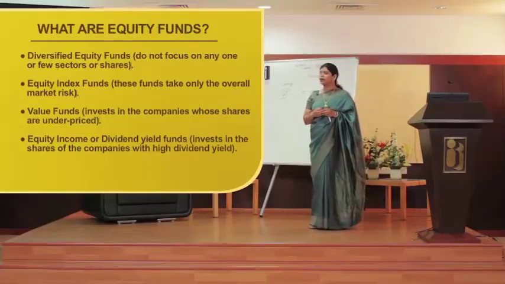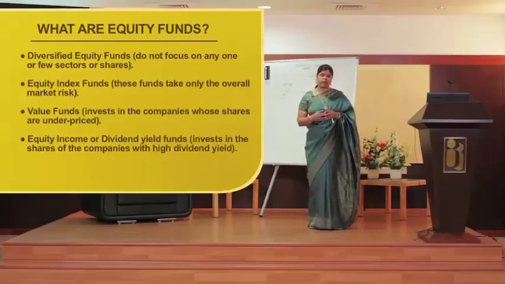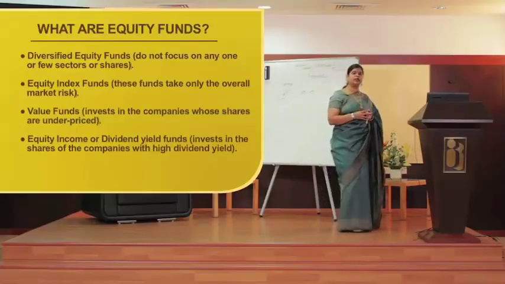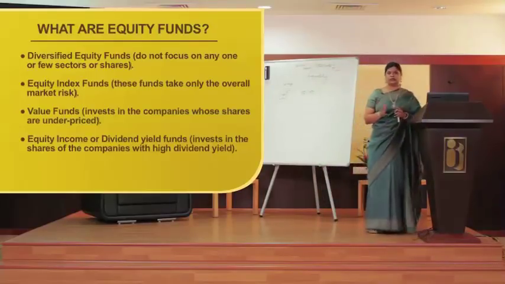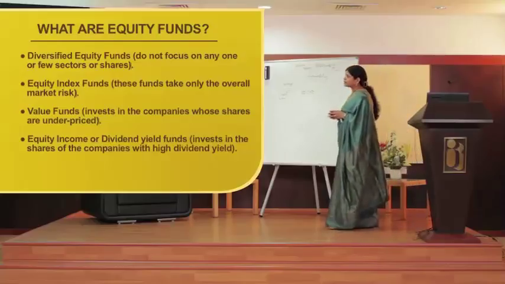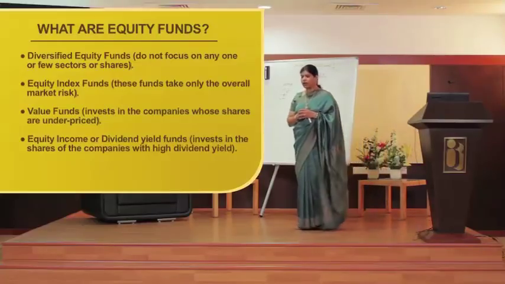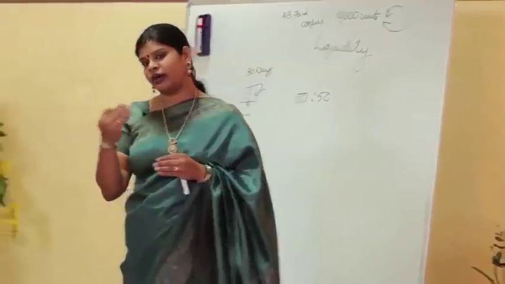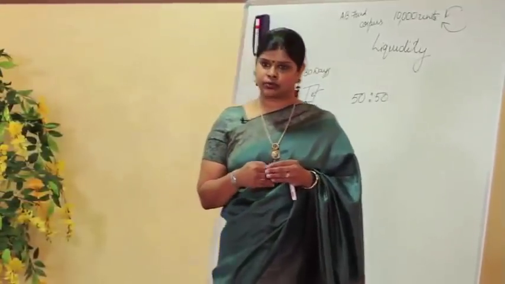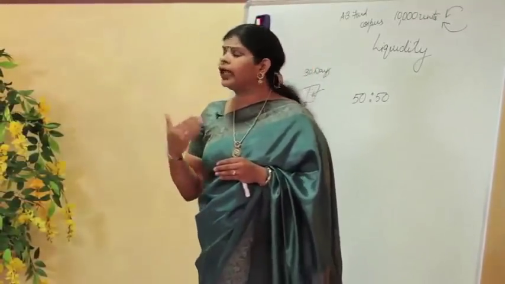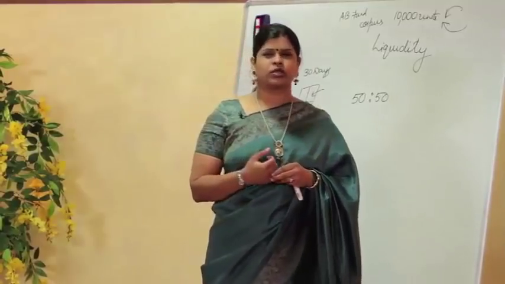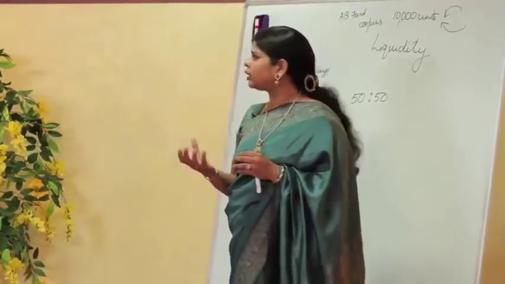They are lowest in the order of risk level. As we all know, higher the risk, higher the return; lower the risk, lower the return. So when I talk about liquid or money market funds, though the risk exposure is pretty less, the returns are also not that great.